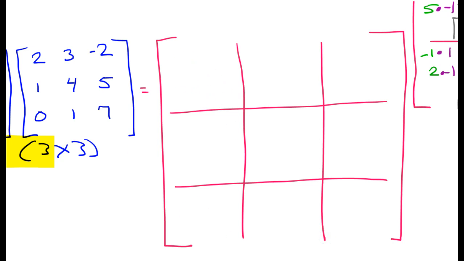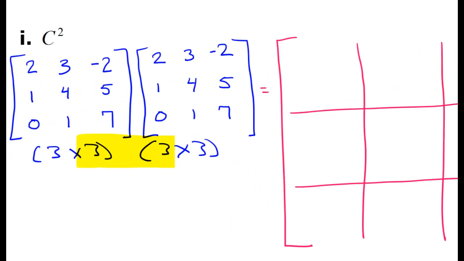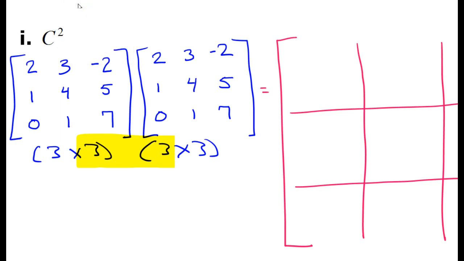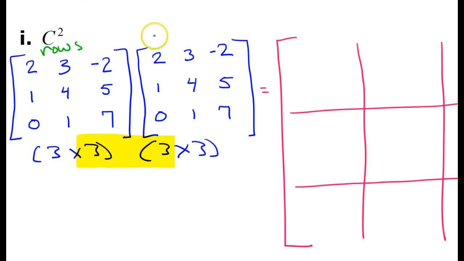Okay, this is where I will do all my work. Now, all of the rows are going to come from the first matrix, while all of the columns will come from the second matrix.